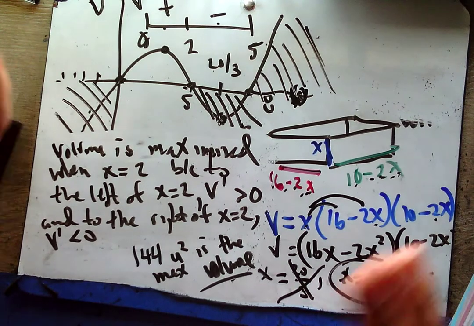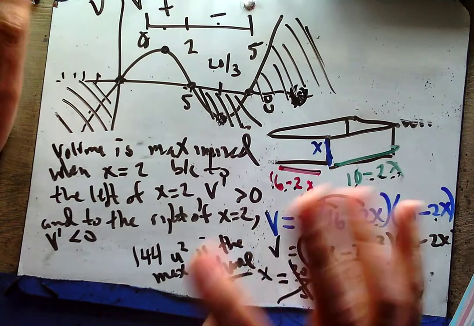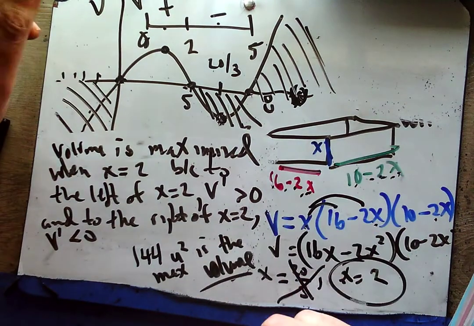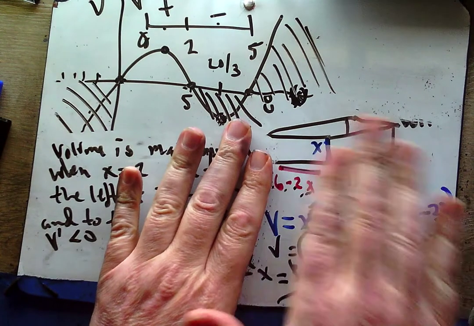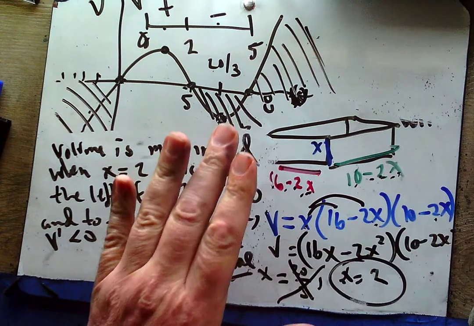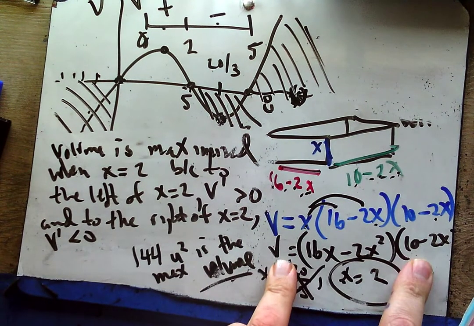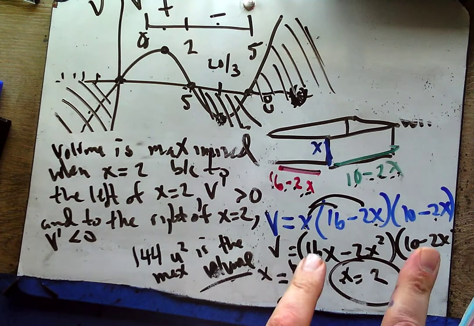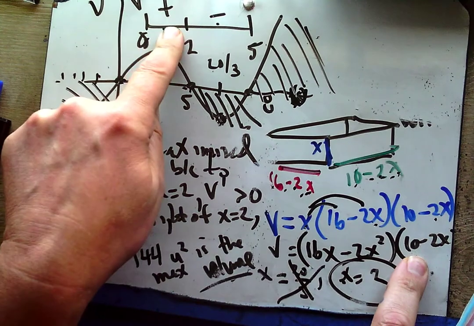Now, let's think about this for a second. I mean, what are we looking at? There's a whole bunch of pre-calc where I had to write a volume equation. The calculus was only, once I had that volume equation, taking the derivative of that volume equation and finding a max.